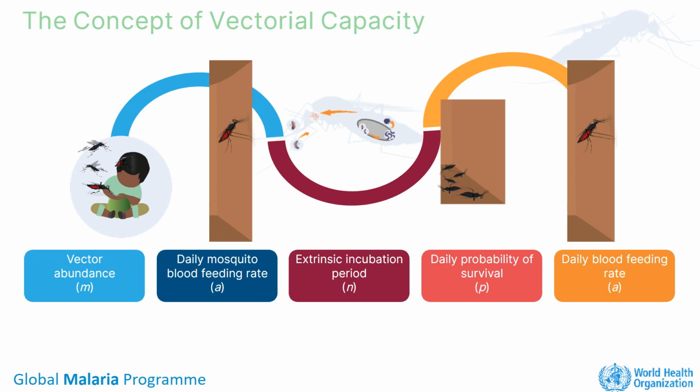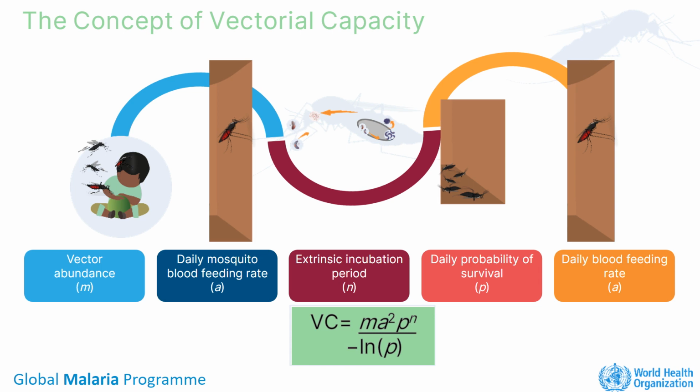This rate is again determined by A, the daily mosquito blood feeding rate. As different vector species will have different behaviors that affect their biting rates and propensity to feed on humans, and even different rates of sporogeny, you can see that vectorial capacity will be different for different vector species at different places and times. The original formula for vectorial capacity, also known as the Ross-McDonald model, is shown here in case of interest.